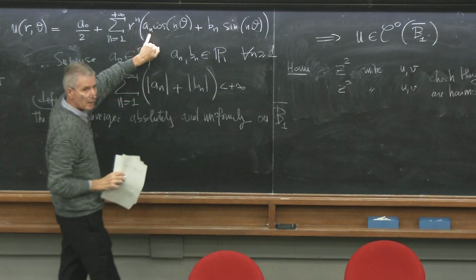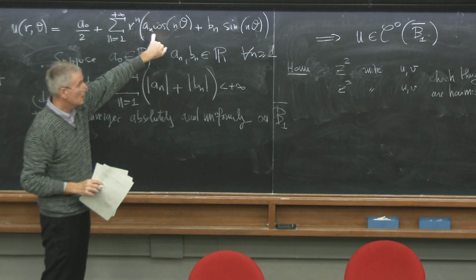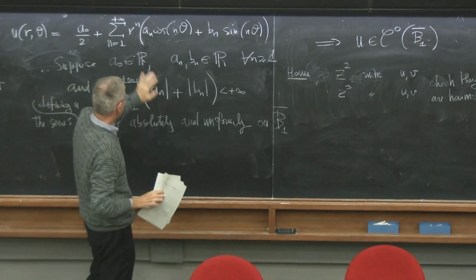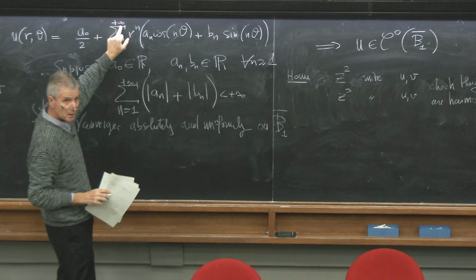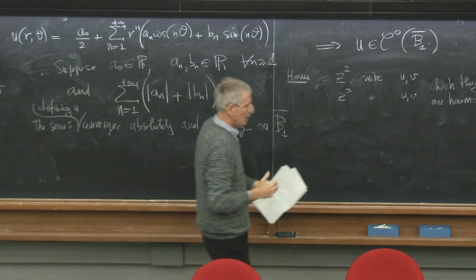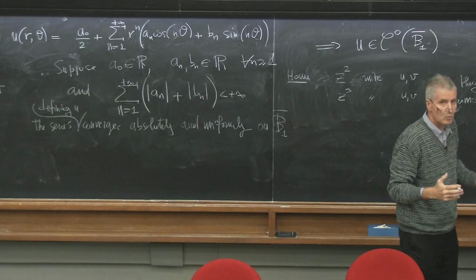So if I multiply by a constant, it remains harmonic. And the same for this. So at the level of a finite sum, the sum of harmonic functions is harmonic. Why?